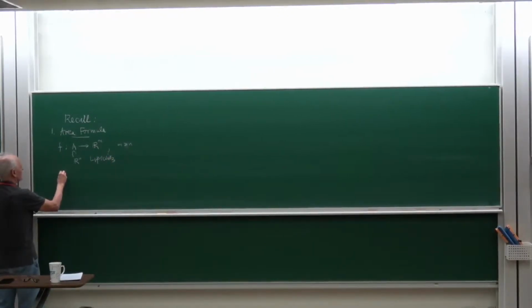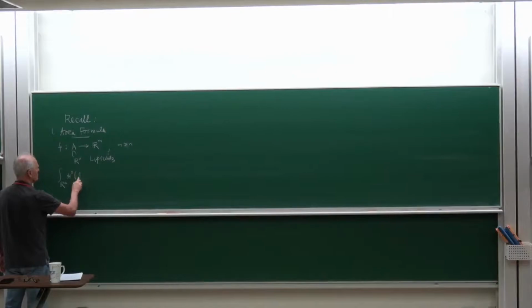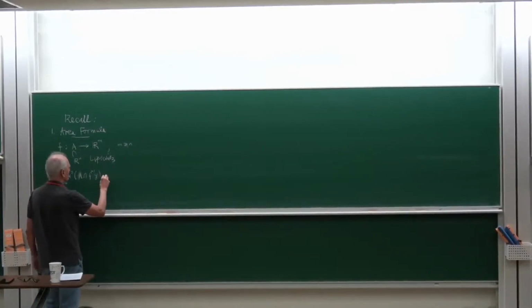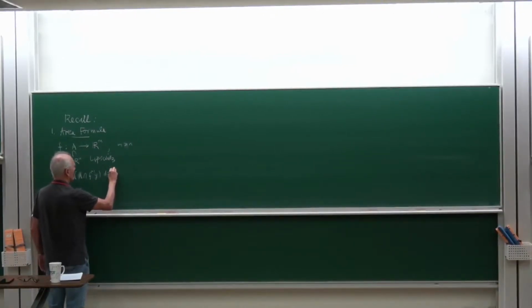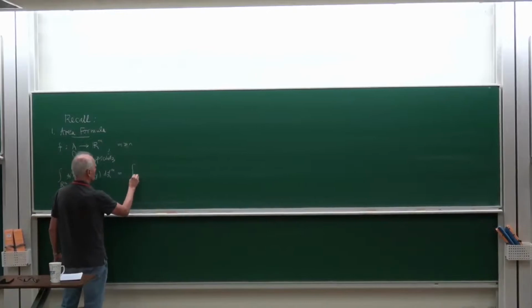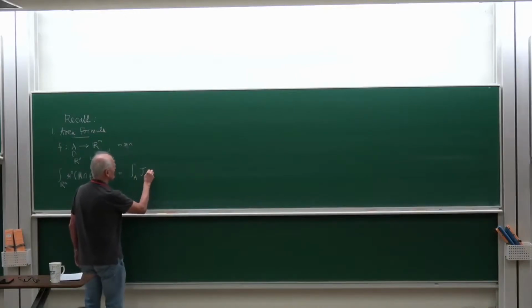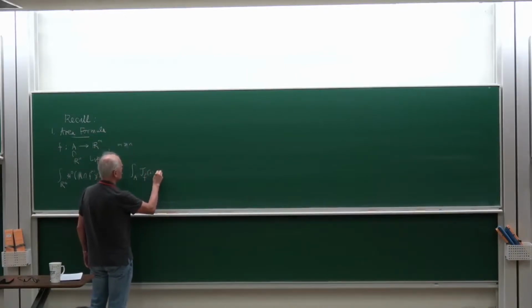We start in Rn, and this is Lipschitz. Then the formula was that the integral over Rm of the counting measure, so you count the number of points in the pre-image, dLm, that's the same as integrating the Jacobian factor. That's the area magnification factor, JFx dx.